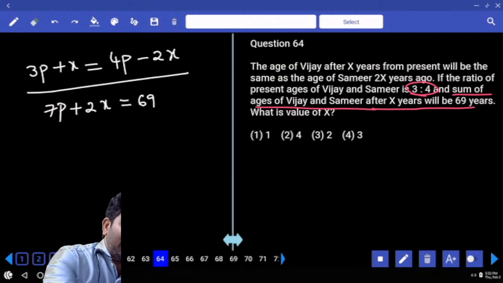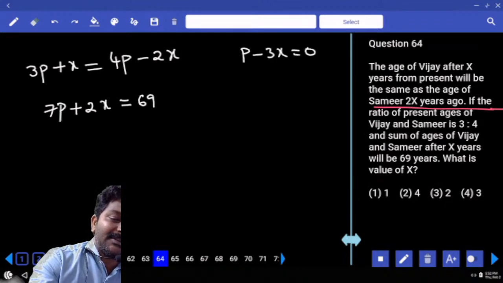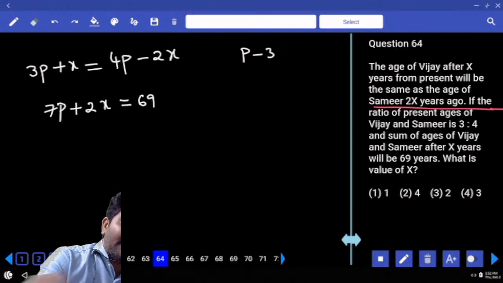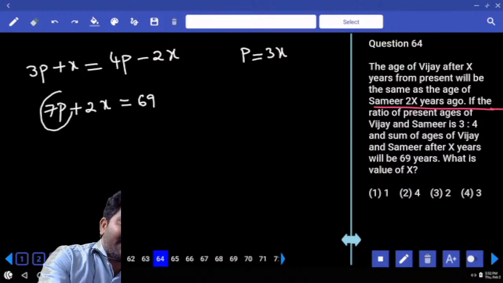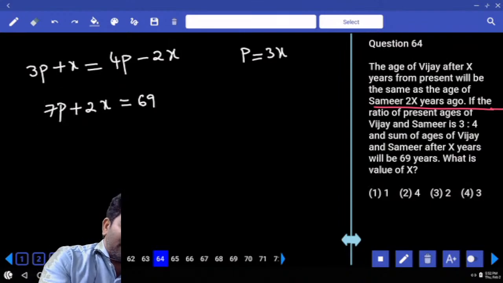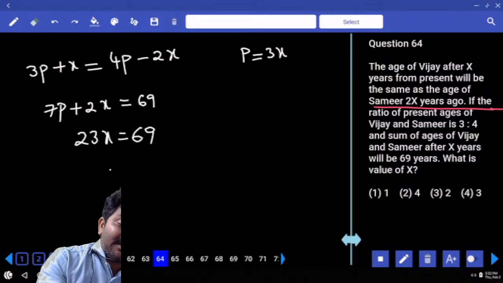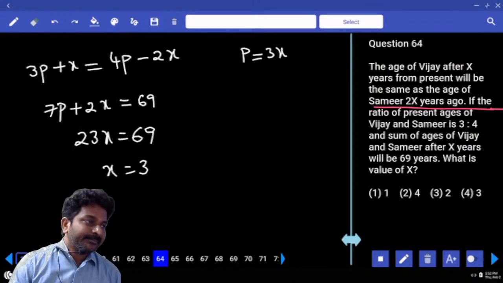From this we can say p minus 3x is equal to 0. The other form, p is equal to 3x. 7p, in the sense 21x, plus 2x, 23x is equal to 69. X is equal to 3. And we were asked to calculate the x value.